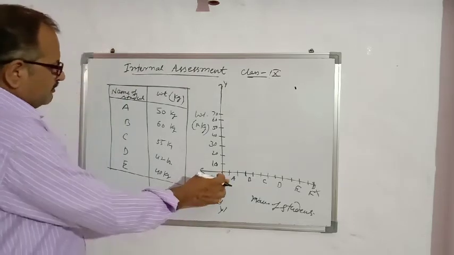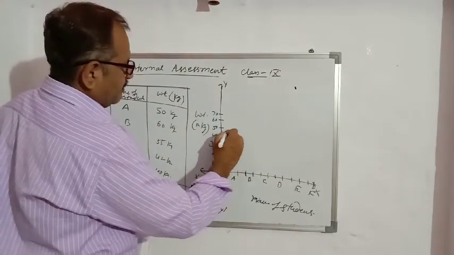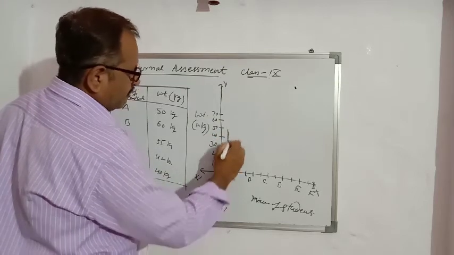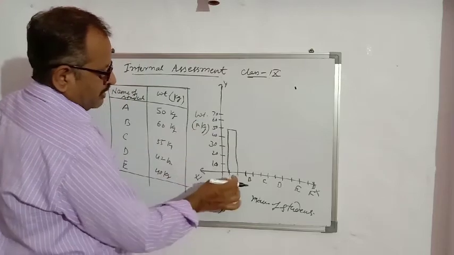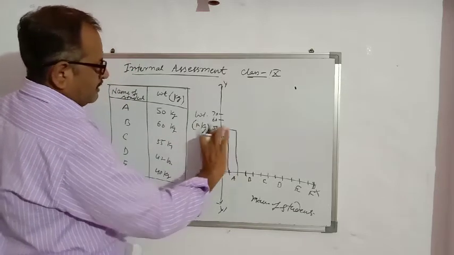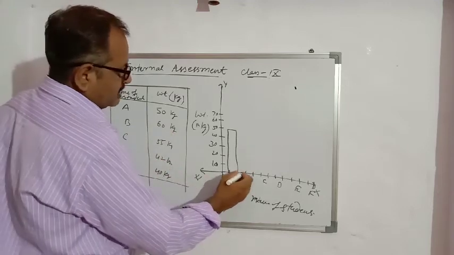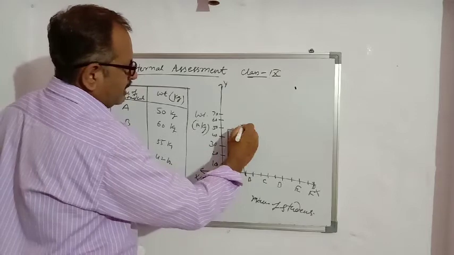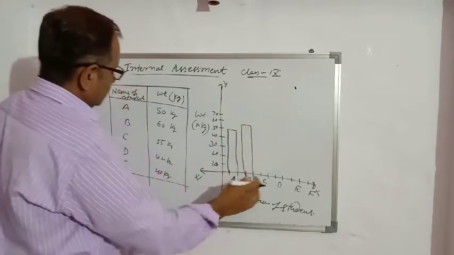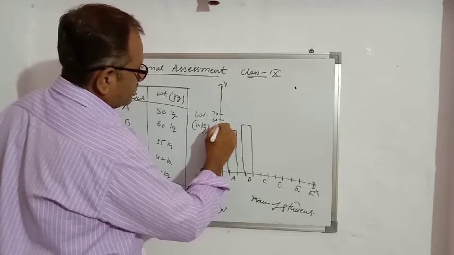So what is the weight of A? Weight of A is 50 kg. 50 is here. So we will make a rectangular strip of height 50 kg. Second, B is 60 kg. Up to 60 kg we will make a rectangular strip like this. C is 55. So 55 will come between 50 and 60.